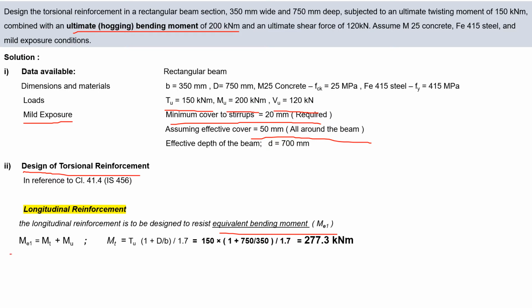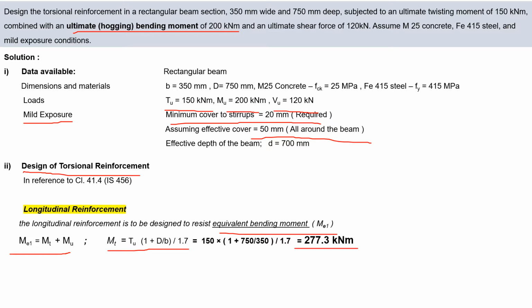So equivalent bending moment, Me1, is Mt plus Mu. Mt is given by this formula that is available in IS 456. That is Mt is equal to Tu into (1 plus D by b) divided by 1.7. So by putting all the values, we are getting Mt, the twisting moment, you can say.